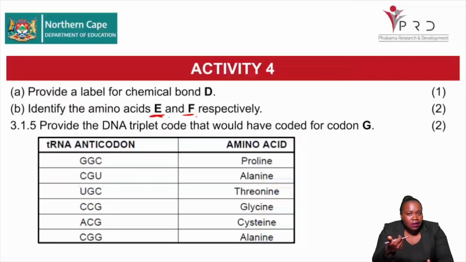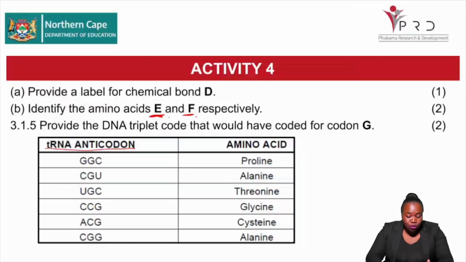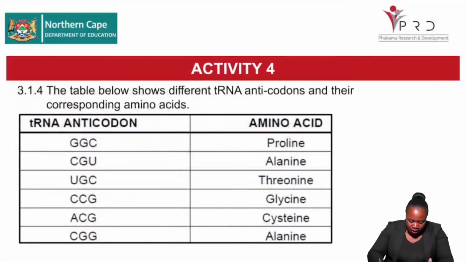Are we given the codons or are we given the anticodons? If we are given the codons, we have to translate them to anticodons so that we can match, because we are given an anticodon and amino acid table. But if we are given anticodons on E and F, then we are just going to take them as they are and compare to the amino acids that we have. Let's have a look at that quickly.